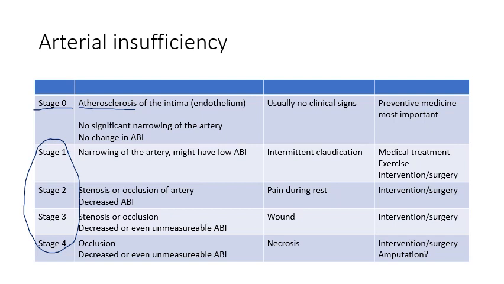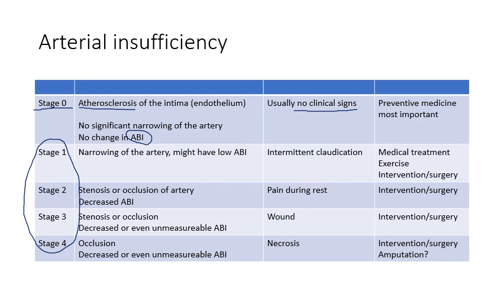So in the beginning you have no significant narrowing of the artery, and if you do an ankle brachial index, there's probably not going to be any change in the lower extremities. So you might have some narrowing here and there and some stiffening of the arteries, but no clinical signs of arterial insufficiency. The most important here is to have a healthy lifestyle, abstain from smoking, control cholesterol, and so on.